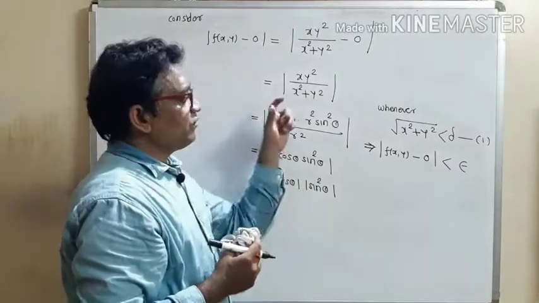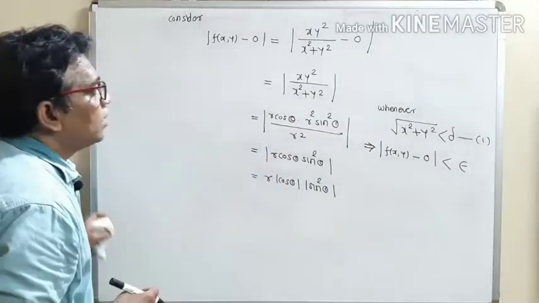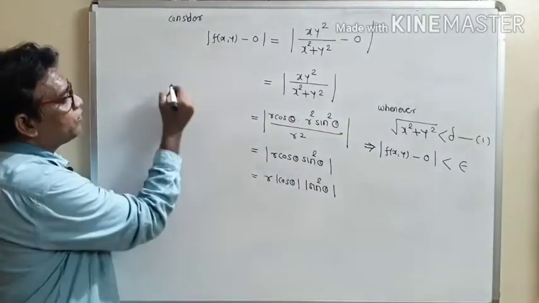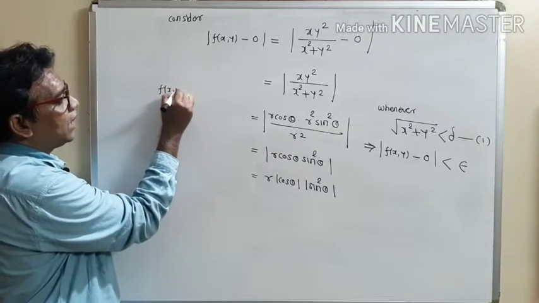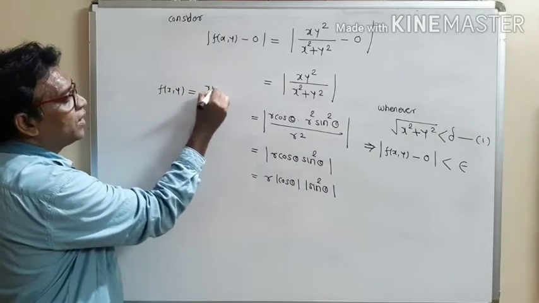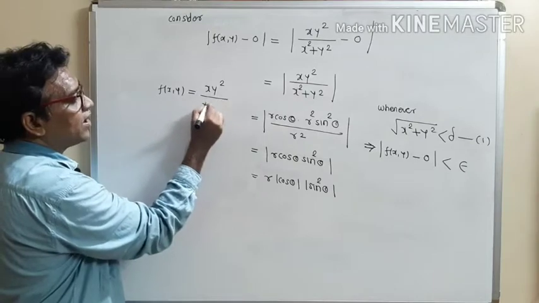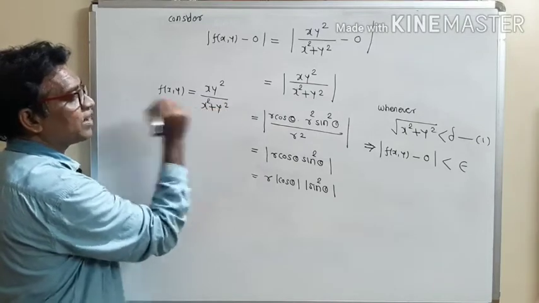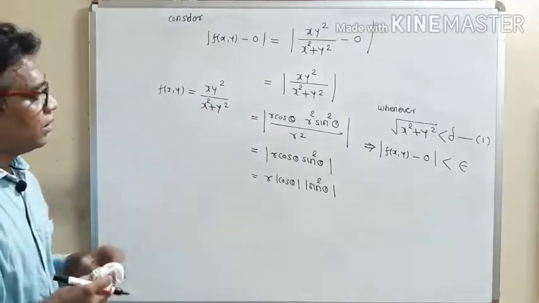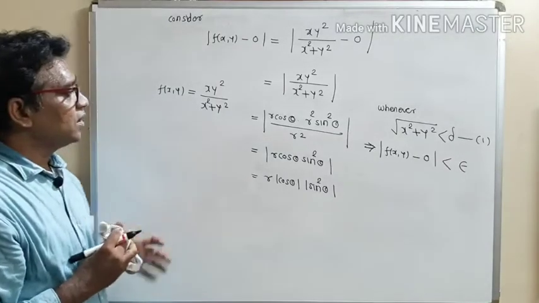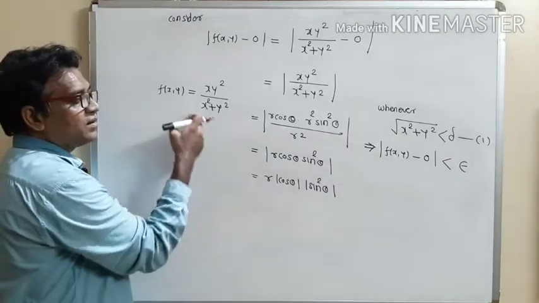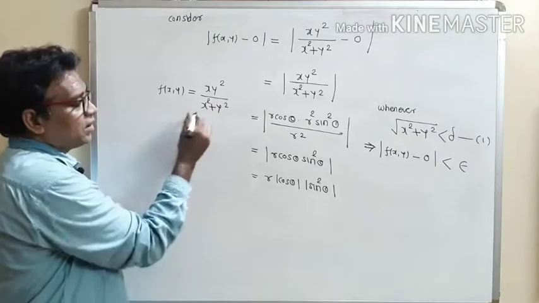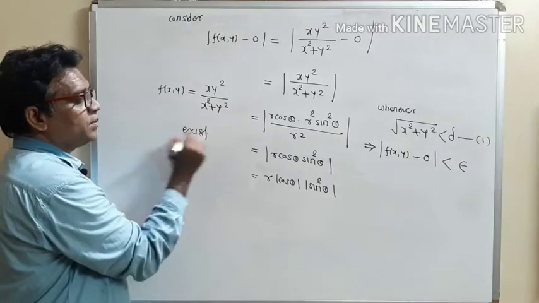So up till now what we have done: first of all, observe the given function. This is our function f(x,y) equal to xy square divided by x square plus y square. Now what is our observation? If the denominator contains the factor x square plus y square, then we can find its limit.